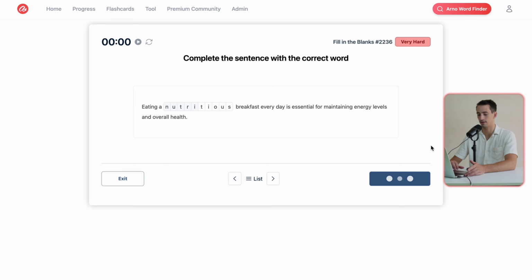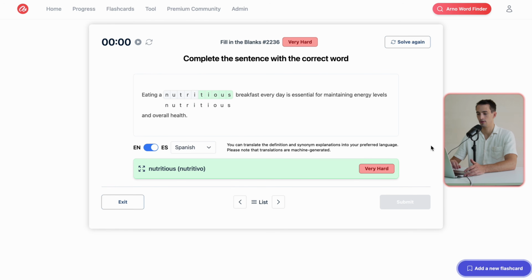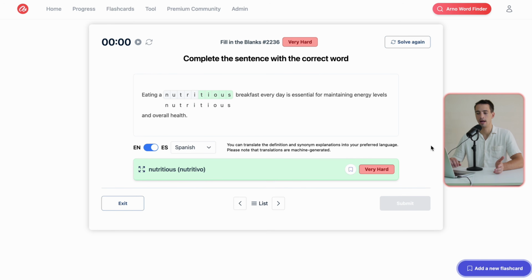Nutritious. Yes, correct. All right, so this is another example where the correct answer popped up in my brain before I even read the entire sentence, because a nutritious breakfast is another expression that's used a lot in English. So in English, we like to say that a nutritious breakfast is so important for our health.